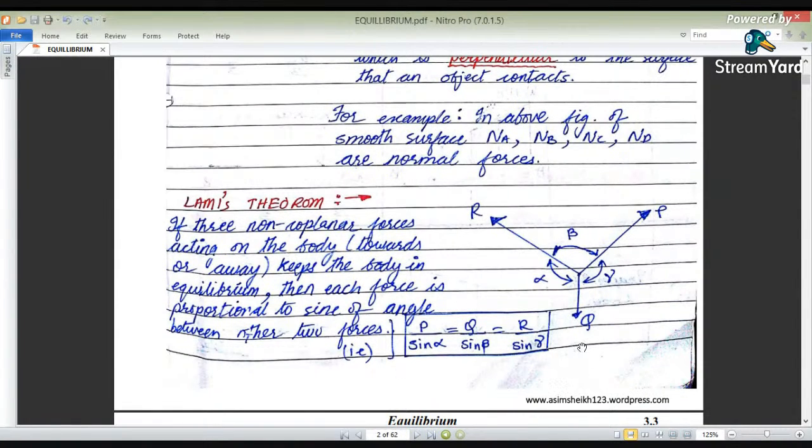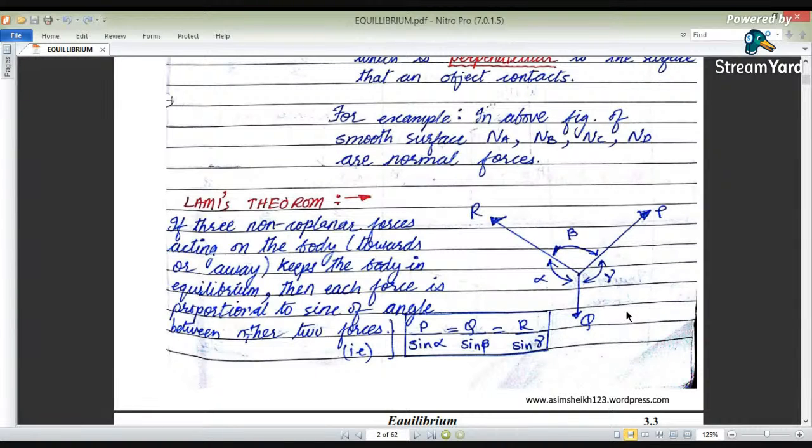We have to keep one thing in mind. Lamy's theorem can be applied only when three forces are acting. If the number of forces is more than three, Lamy's theorem cannot be applied.